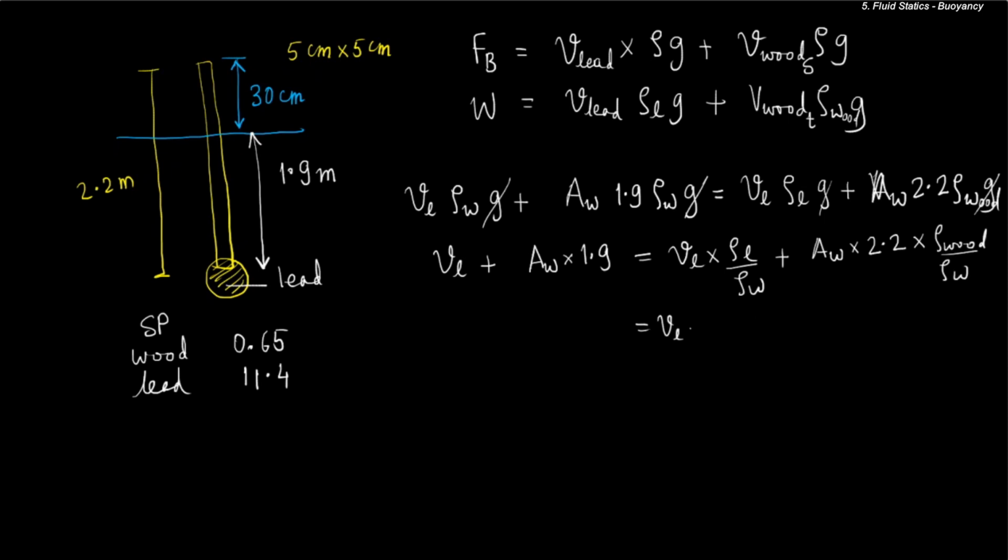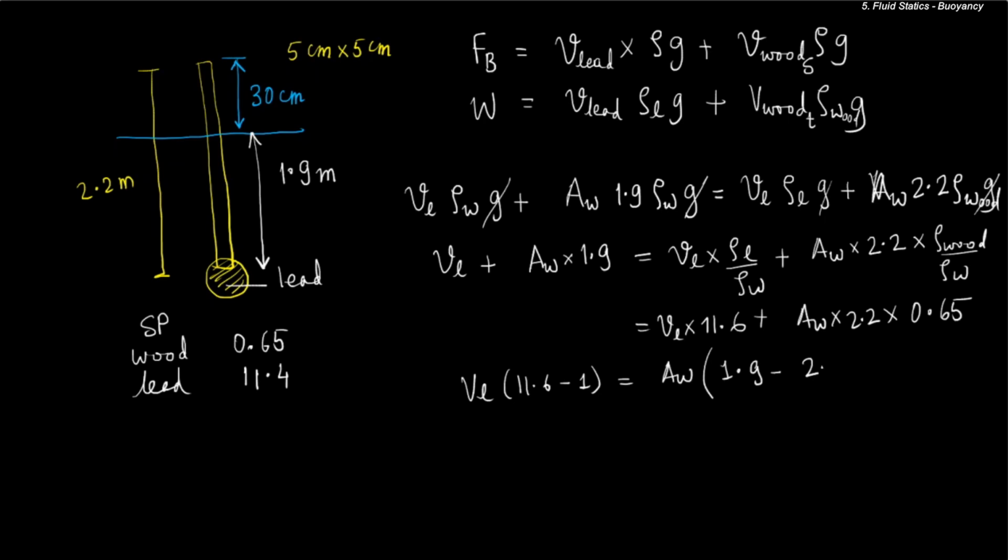This is VL times 11.6 plus AW into 2.2 into rho wood upon rho water, which is 0.65. So VL times (11.6 minus 1) is equal to AW times (1.9 minus 2.2 times 0.65).